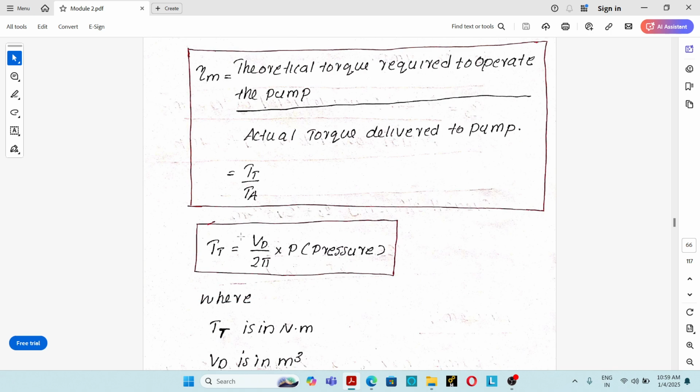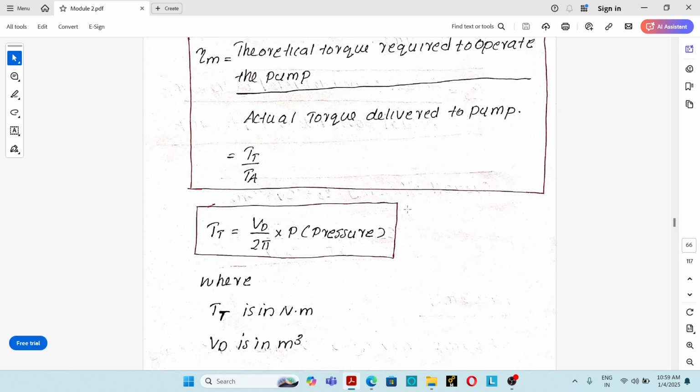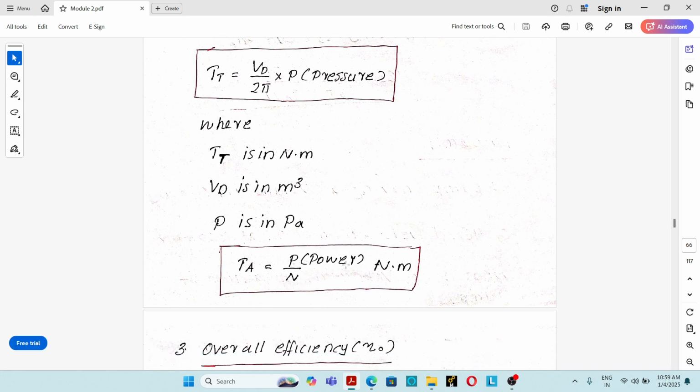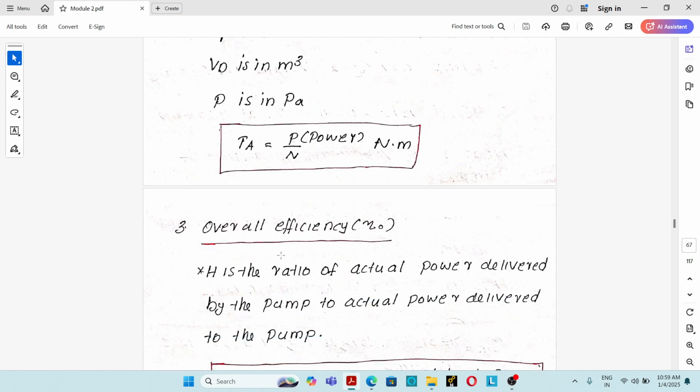The theoretical torque required to operate the pump is equal to Vd by 2 pi into P, where Vd is the volumetric displacement and P is the pressure. TA, the actual torque delivered to the pump, is P by N, power divided by N. TT is in Newton meter, Vd is in meter cube, P is in Pascal. So this is the mechanical efficiency.